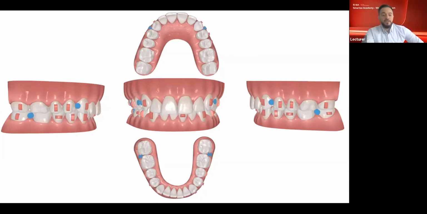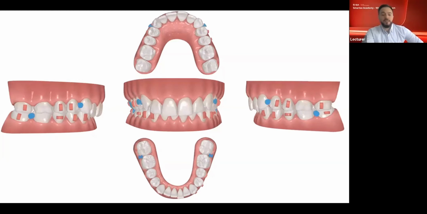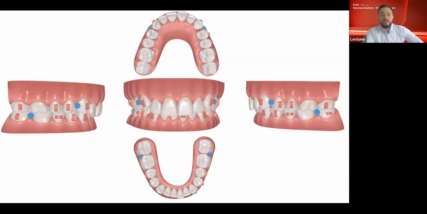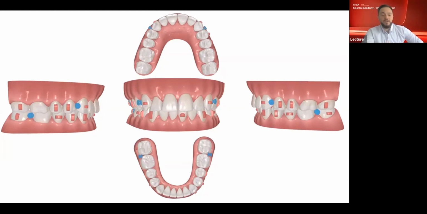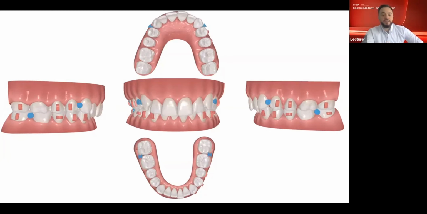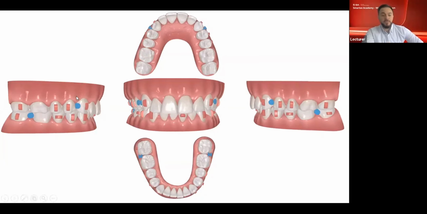I mentioned earlier that when we do distalization of the upper molars, we have the side effect of incisors being proclined. In this case, this side effect is wanted. It works in my favor. So we will not reinforce the anchorage heavily on the anterior. We will just use class 2 elastics, which will run on the Smartee hooks.